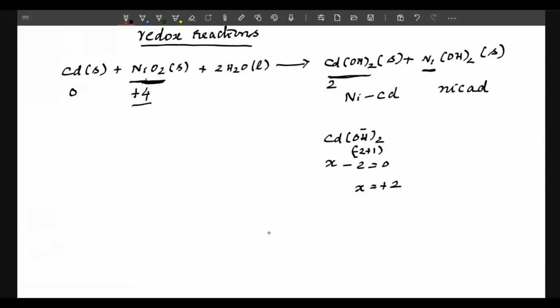If it is a reduction, the oxidation number should decrease, and here OH is -1 each, so -2 total, and therefore nickel is +2.